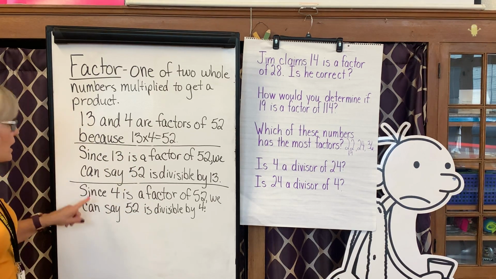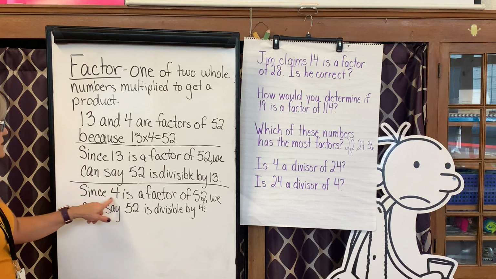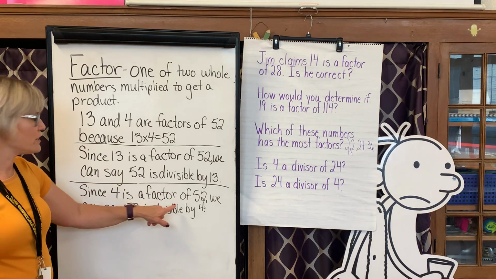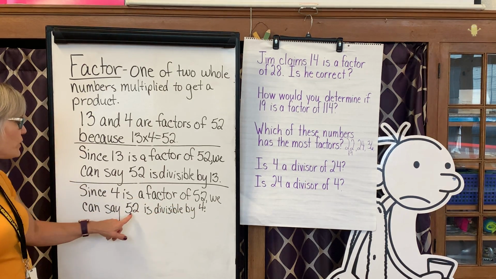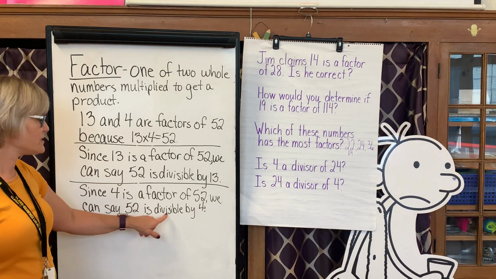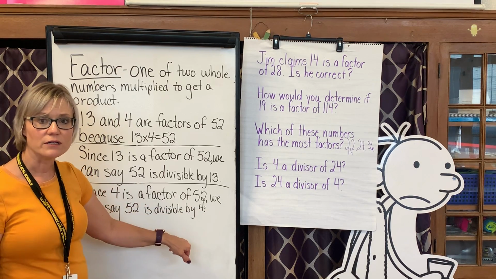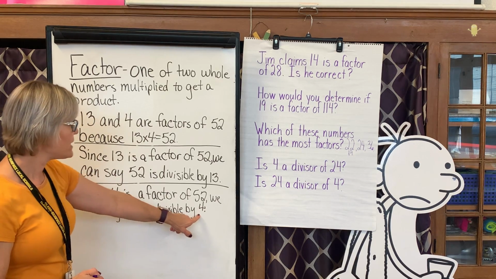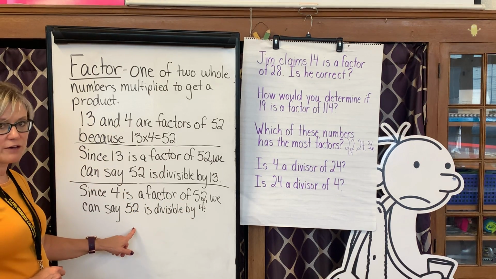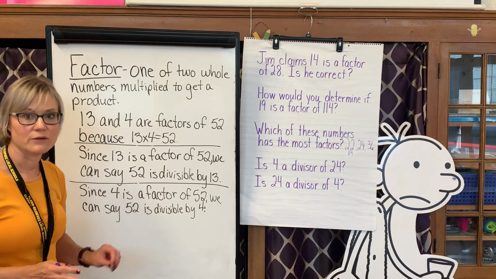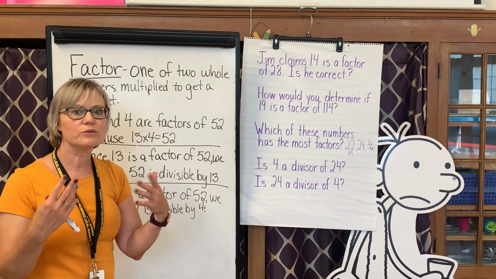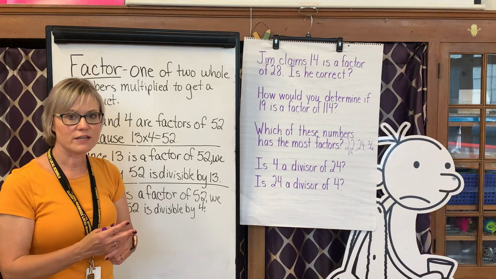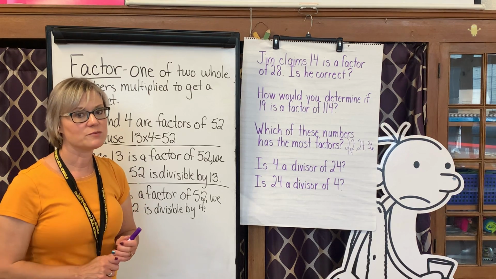Since 4 is a factor of 52, we can say 52 is divisible by 4, and 4 is a divisor of 52. That's a little review of what we've been talking about.